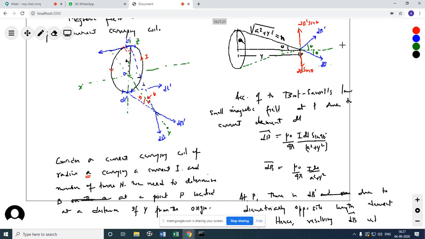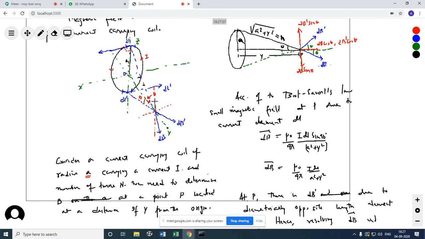hence resolving the dB vector into components, dB cos theta or sin theta. I have taken this angle as theta. Look closely, this is theta, this is also theta, this is theta, this is also theta, right?